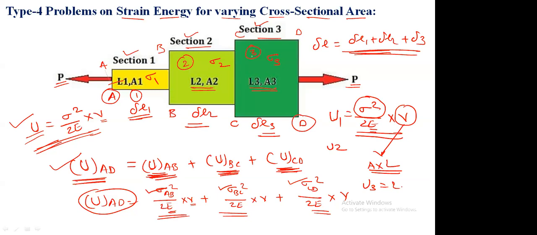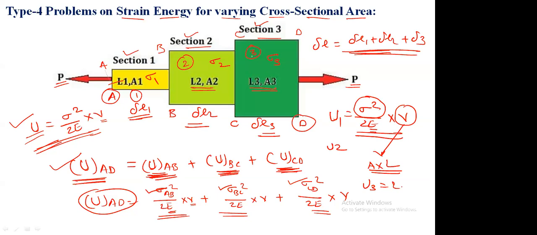So the strain energy formula is the same. U is equal to sigma square upon 2E into volume. If we are calculating for section number 1, then you have to take sigma 1 and volume V1. If you have to calculate U2, then you have to take sigma 2 and V2 for the second calculation. And if you have to calculate U3, then you have to take sigma 3 and V3.